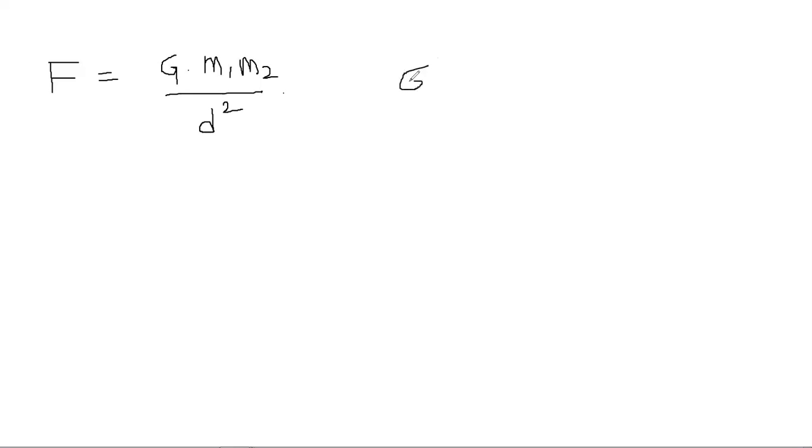So for G also, we can find out the dimension, such as G is equal to F into d square divided by m1 into m2, that are the two masses of the bodies.